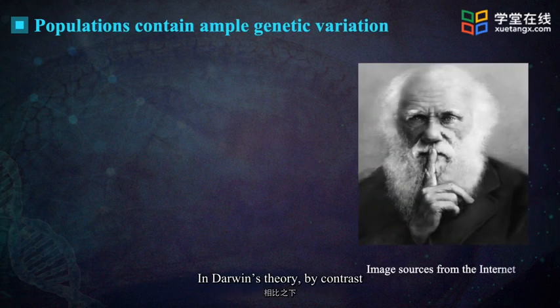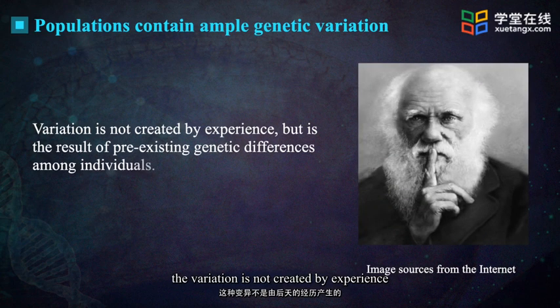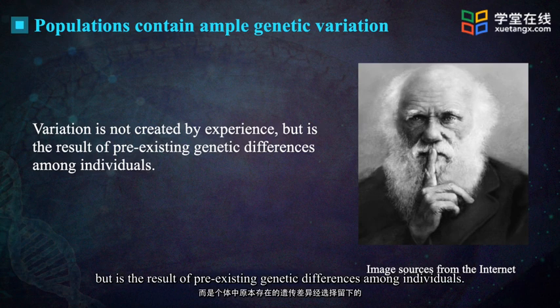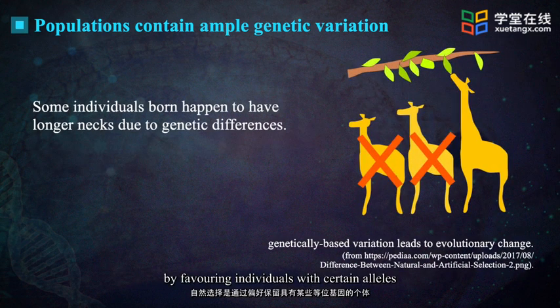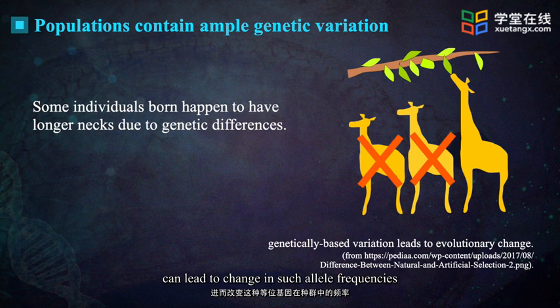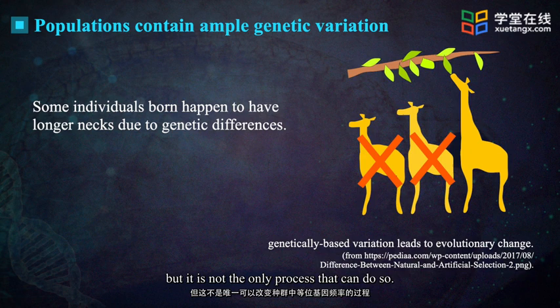In Darwin's theory, by contrast, the variation is not created by experience, but is the result of pre-existing genetic differences among individuals. Natural selection, by favoring individuals with certain alleles, can lead to change in such allele frequencies. But it is not the only process that can do so.